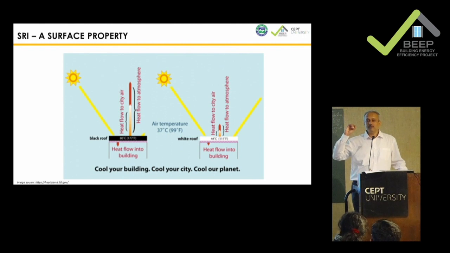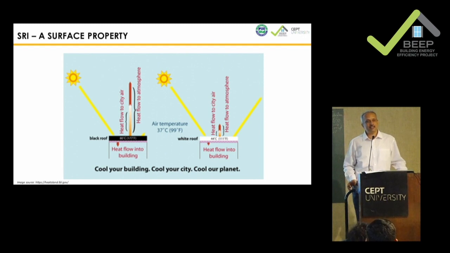And when somebody comes to you and says, okay, I have made a paint which is high SRI, or which has the ability to reject the heat, or it has a higher reflectance, or I have made a tile which has a higher emittance, don't ask this guy what is the U value of it.